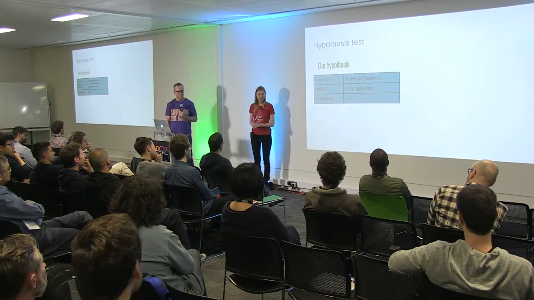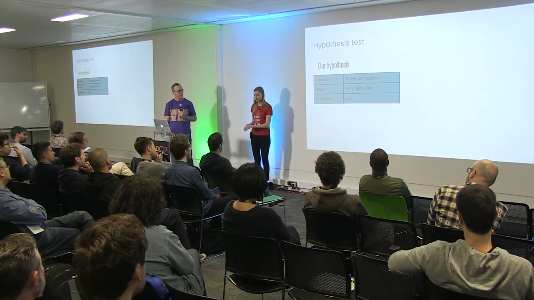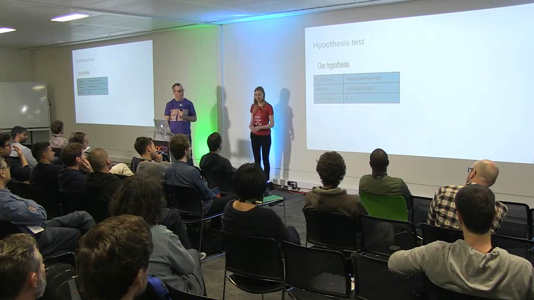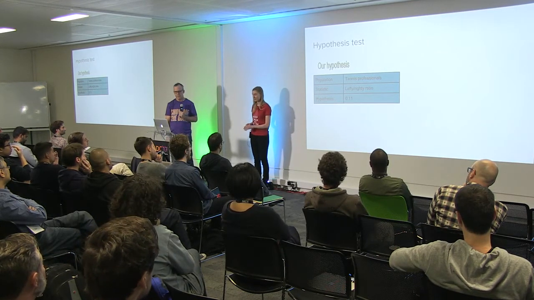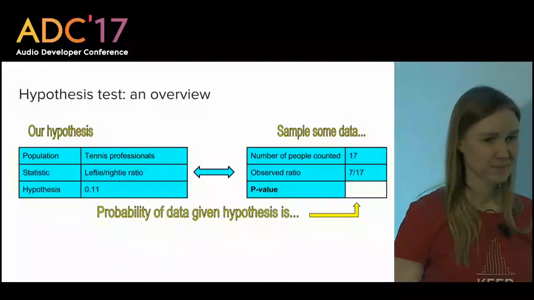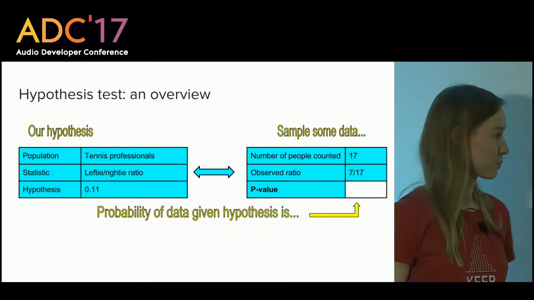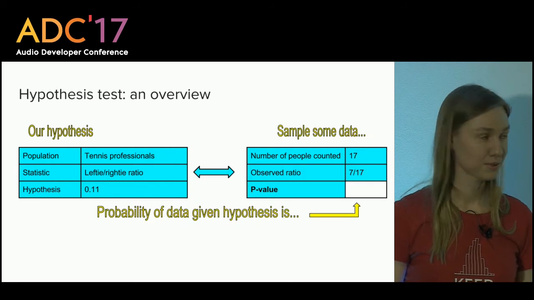We base that not on any data we have about tennis players. We don't know much about them necessarily, but we know that that's the case for the general population. So now the next step is that we'll collect some data, so that we can actually try to see whether our hypothesis has anything to do with actual data.